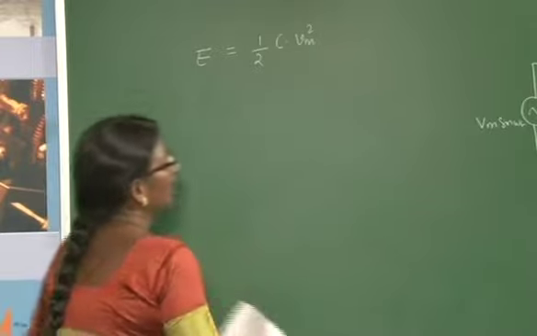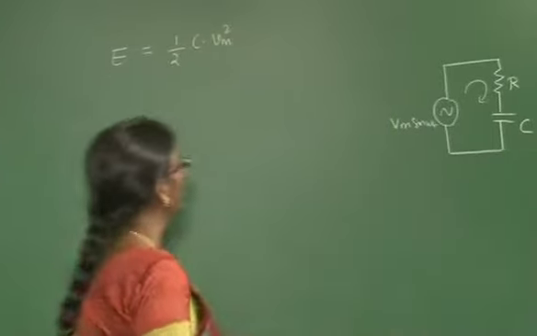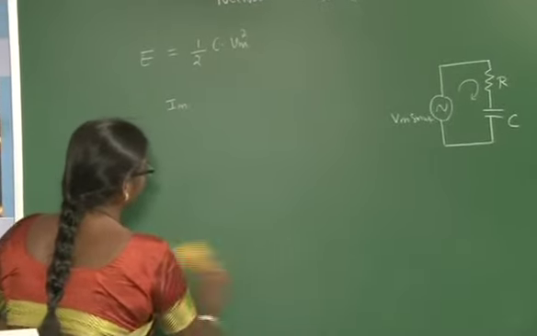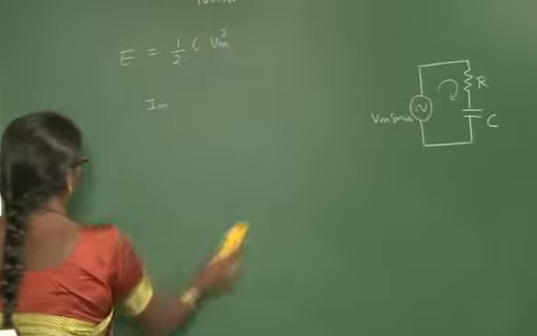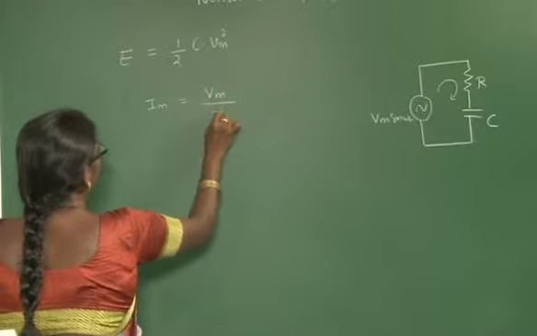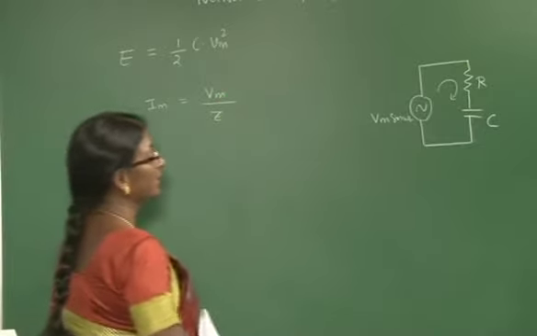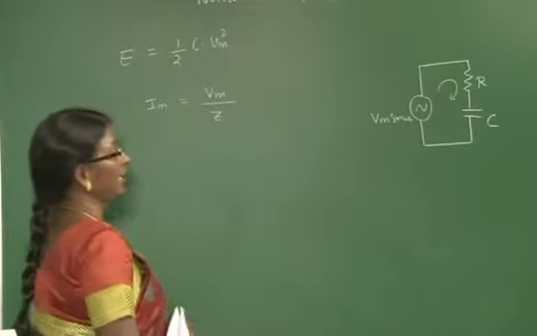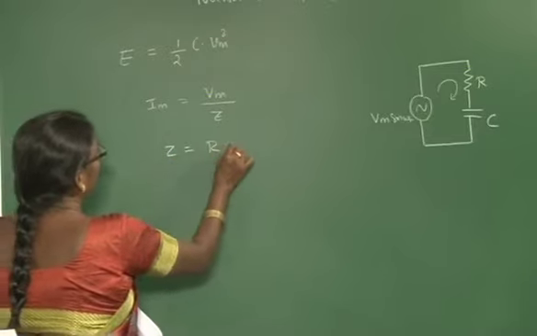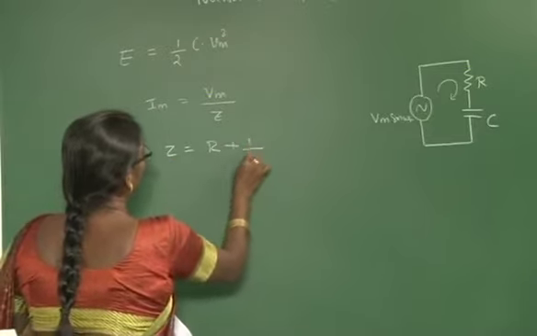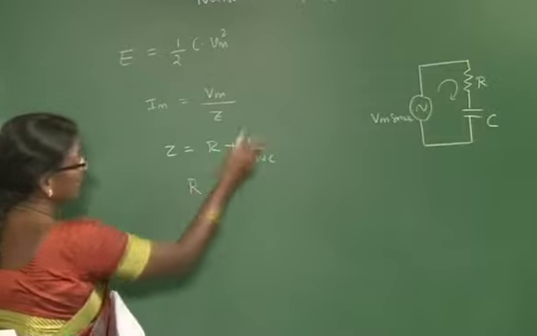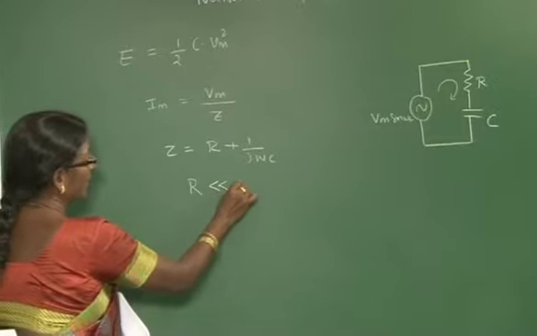Now if I consider this RLC circuit, when I consider the peak current, Im is nothing but Vm by Z. What is the Z here? Z is nothing but the combination of the resistance and capacitive reactance, so Z equals R plus 1 by j omega C. Now I am taking a condition that the resistance R is far less than the capacitive reactance.